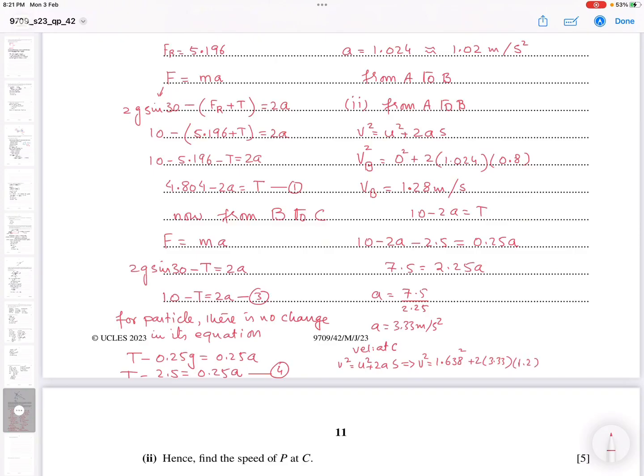So our answer is v is equal to 3.1 meter per second. We can write speed is equal to 3.1 meter per second.